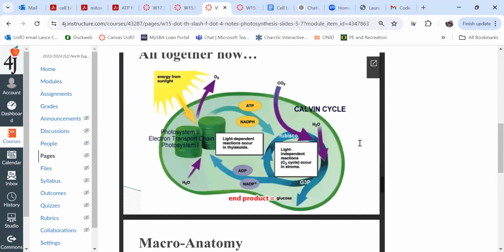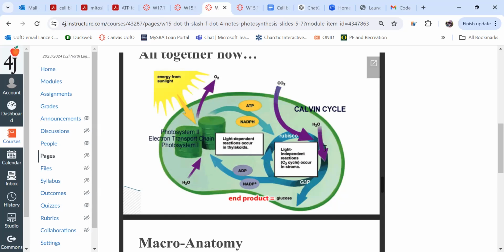All right. So you got your light dependent reaction, you got your light independent reaction. Well, if we just think of photosynthesis, we know photosynthesis needs light to occur. It also needs carbon dioxide and water. So where do we see H2O coming in here?